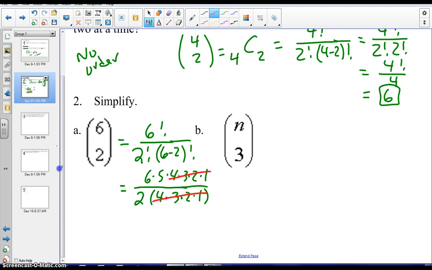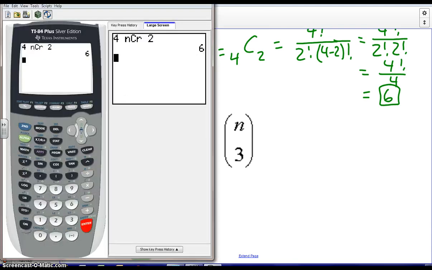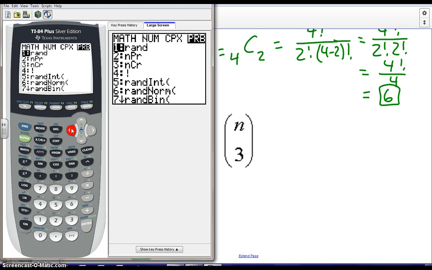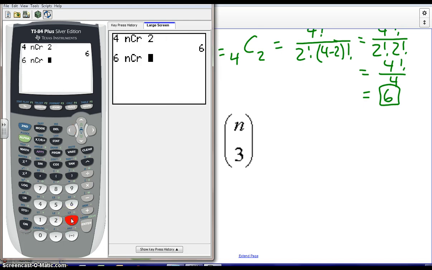The 4 times 3 times 2 times 1 would cancel, so we'd have 30 over 2, which is simply 15. We can check that in our calculator by entering 6, going to math, PRB, choosing combinations, and 2.